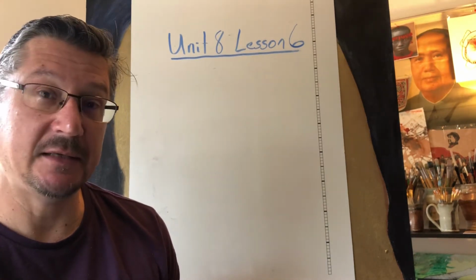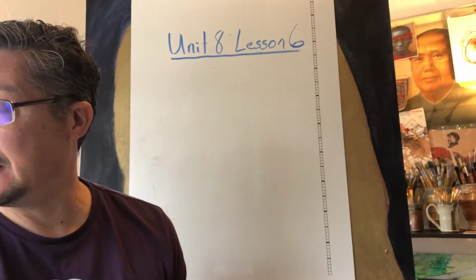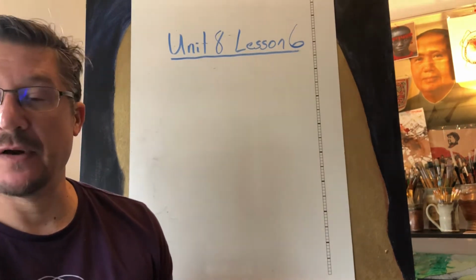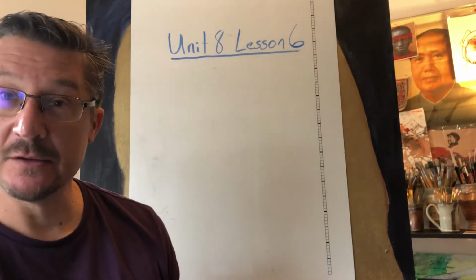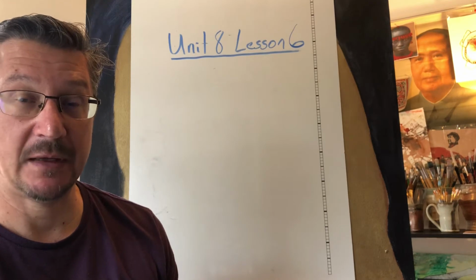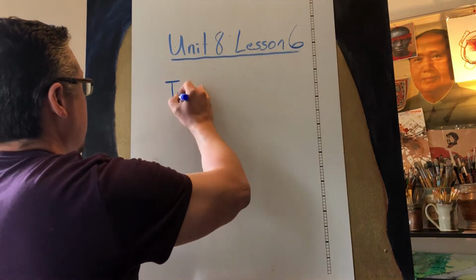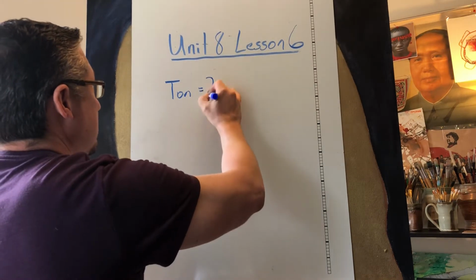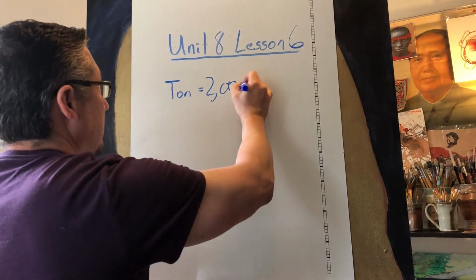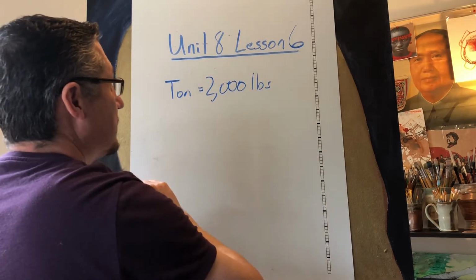This is probably the easiest lesson in Unit 8 as far as conversion, because there's only three things: tons, pounds, and ounces. Okay, so 1 ton equals 2,000 pounds, and this is the abbreviation for pounds.